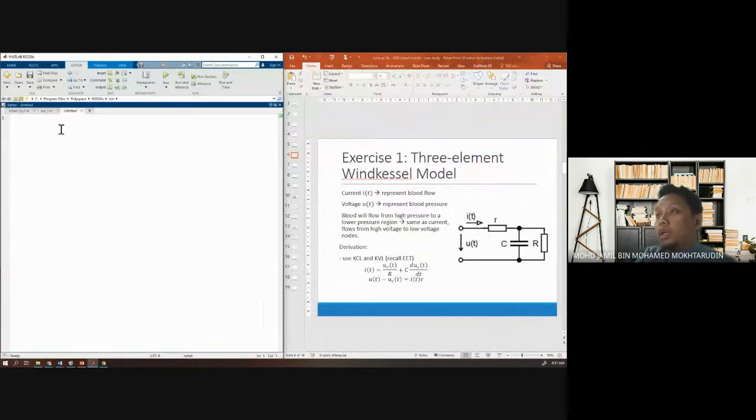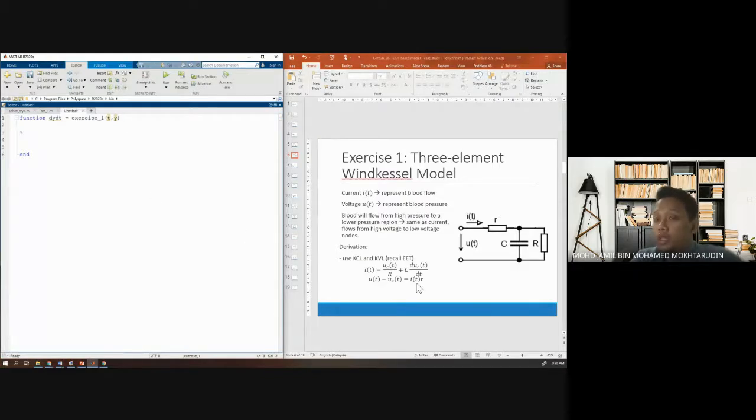Okay, so as I explained yesterday, we need to write two functions in MATLAB. The first function is the ODE function. Let's say we give it the name exercise 1. The function will accept t and y, and then we write the ODE.